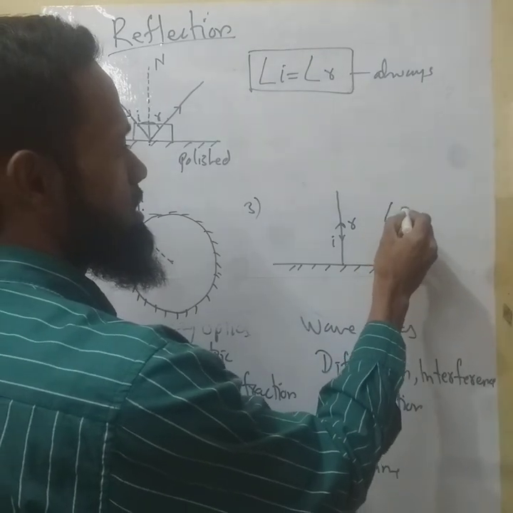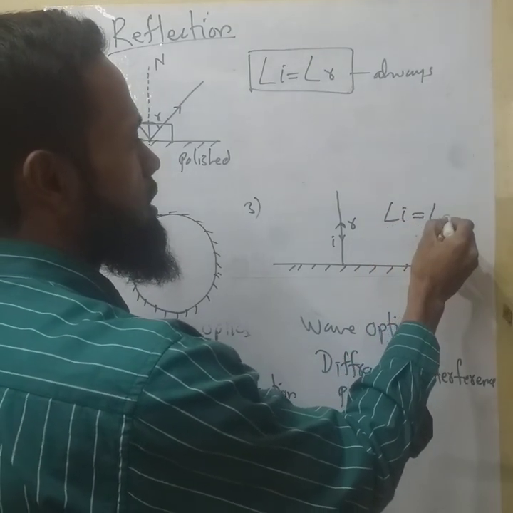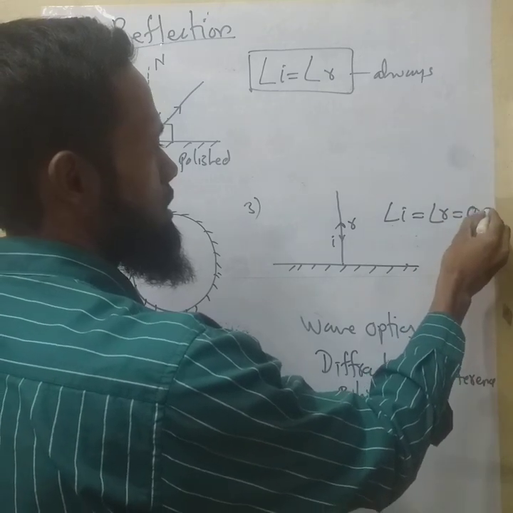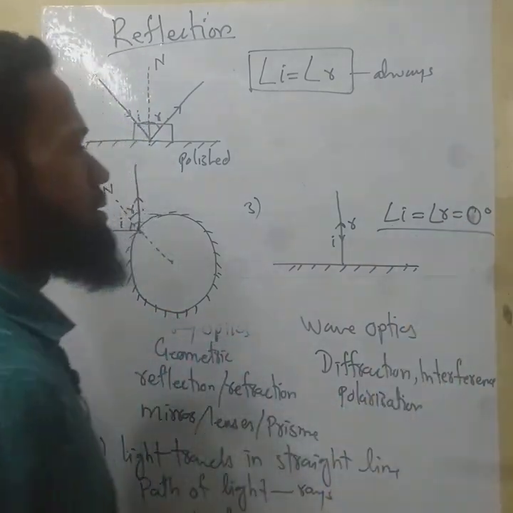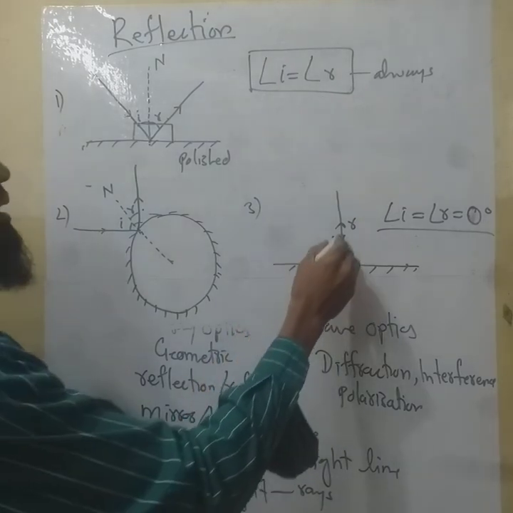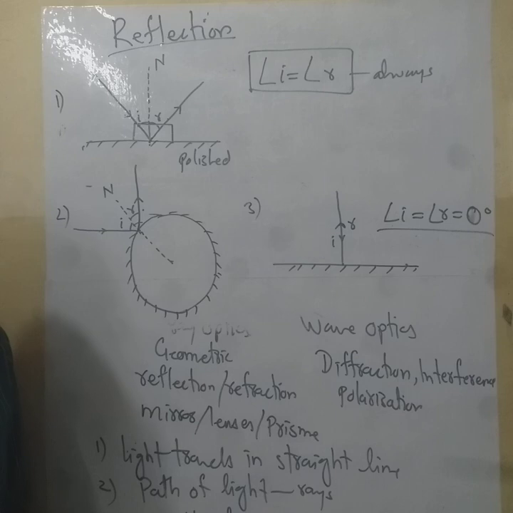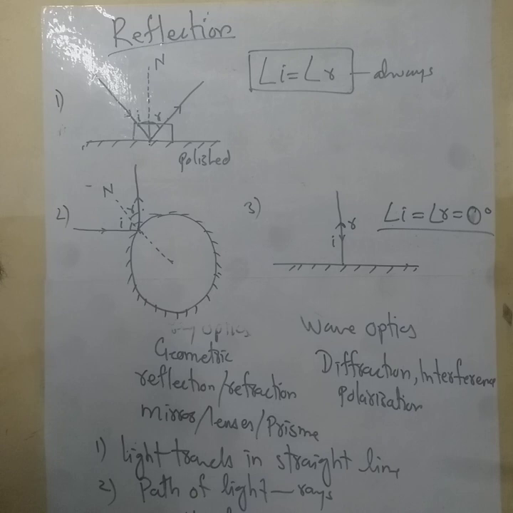Here angle of incidence is equal to angle of reflection, equal to 0 degrees, because this incident ray is falling normally on this plane surface, making angle 0 with the normal. That is the case of normal incidence of light. All these three cases, do you understand?